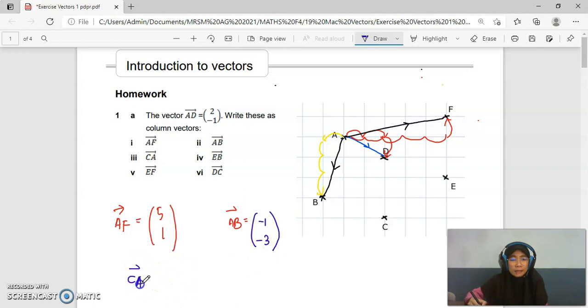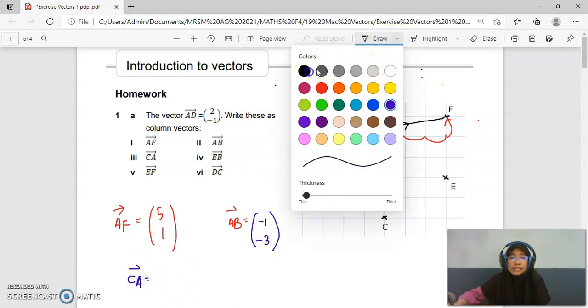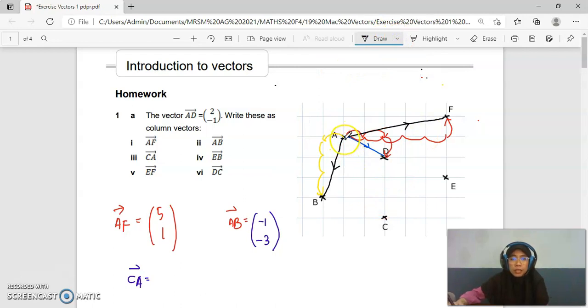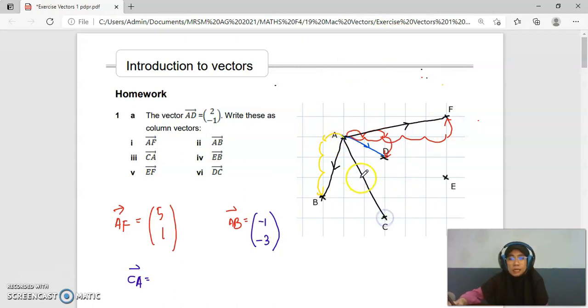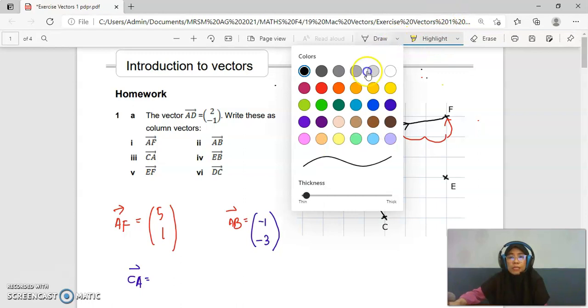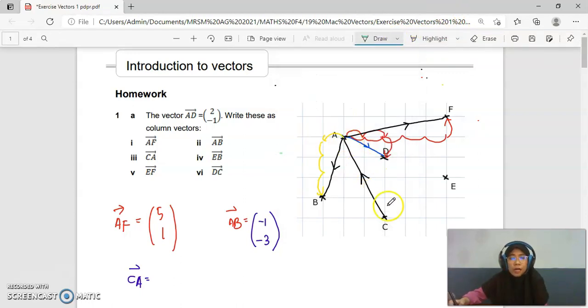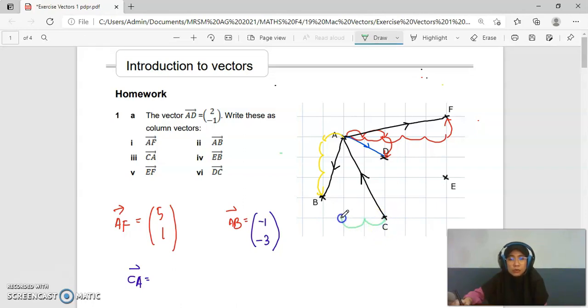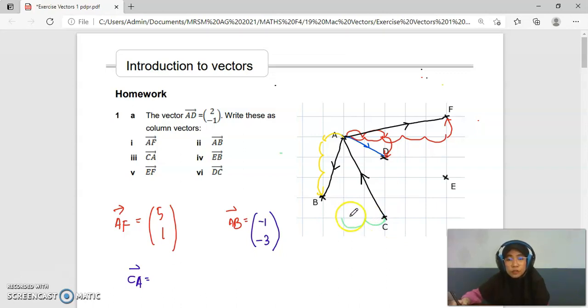So we proceed with CA. We draw the line CA from C to A. The arrow must be facing to A. Start with C and end at A. So the movement in X direction, it will move to the left of C, because E is located at the left hand side of C. 1, 2, so 2 to the left, which is negative, and 1, 2, 3, 4 upward.